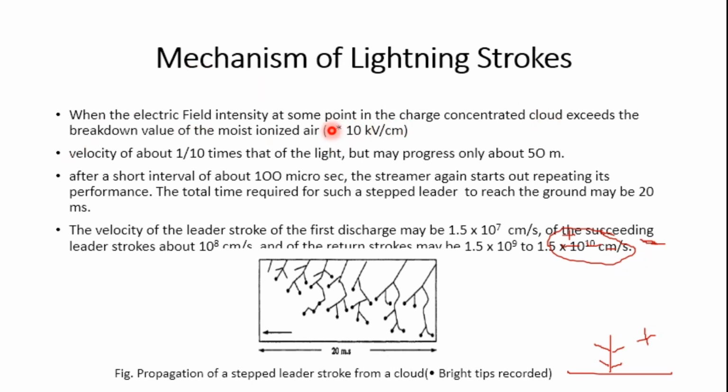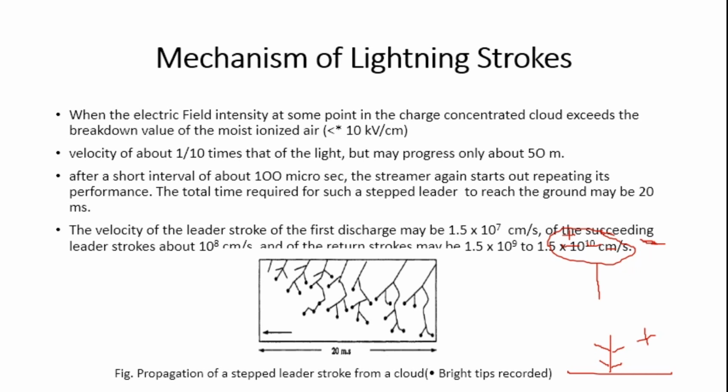let's say of 10 kV per centimeter, there is an initiation of streamers. So this is nothing but the canal formation. These are nothing but the streamers, or a plasma which starts towards the ground.